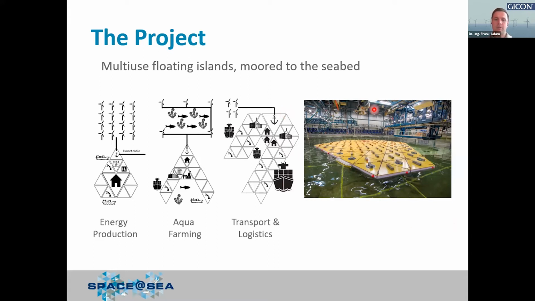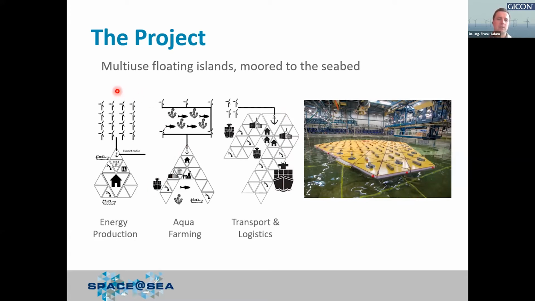And a nice example of wave tank tests can be seen here. It was the first tests, which were performed at Maren in 2015 or 16. In between, additional tests were performed and can also be seen at the Space at Sea webpage or at the webpage from Maren.